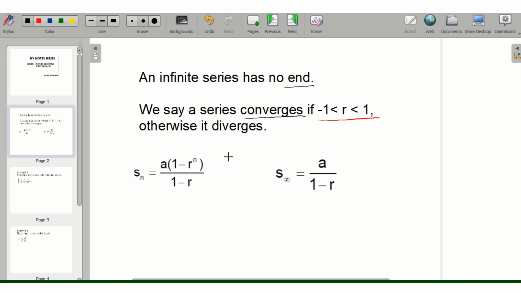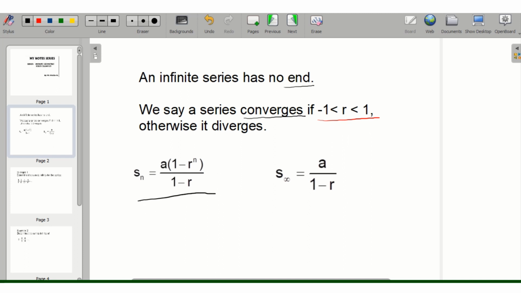We say a series is converging, that is a geometric series, if r, which is your constant ratio, is between -1 and 1. It is also interesting to remember that when you are talking about values between -1 and 1, you are talking about fractions, and that is very important to remember.